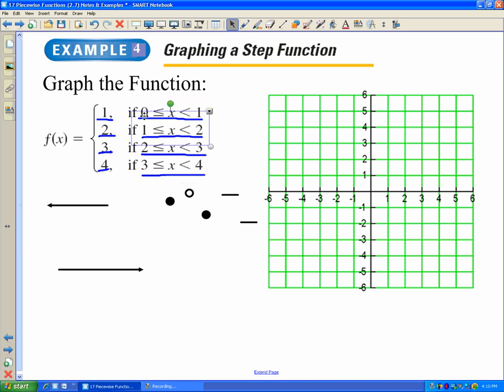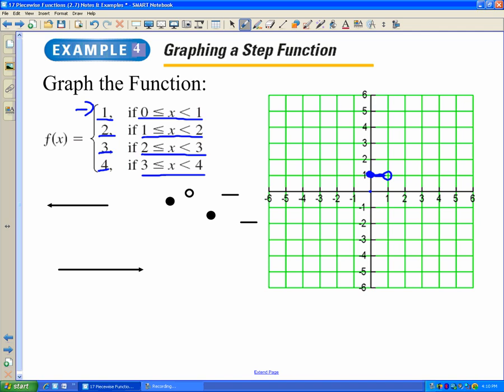So between 0 and 1, I want y to be 1. So when x is 0, I want my y to be 1. When x is 1, this is just between these 2 points right here.